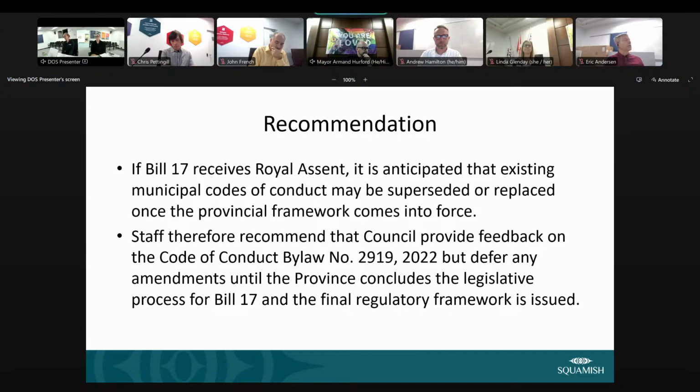My question to staff is whether staff have noted a misalignment, and you have to be a lawyer to interpret some of these clauses in Bill 17. It may be that there's some flexibility here in the wording for local autonomy, if you like, in charting a course on either one of these things. So I just wondered if I could ask if staff have noted any misalignment between our current bylaw and Bill 17. I'll start with that. Thank you.